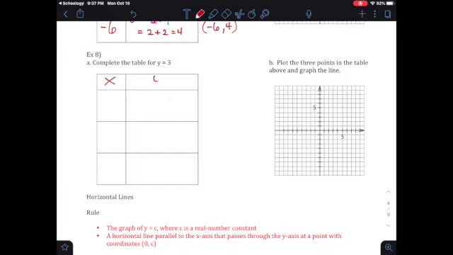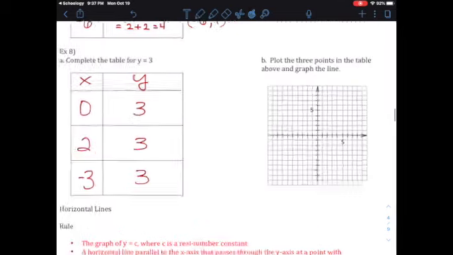X and y. Now, y is 3. That means this is 3, this is 3, this is 3. Y is always 3. And if y is always 3, you can pick any x. You can pick 0, you can pick 2, you can pick negative 3. Any number for x could be changed, but the y has stayed as 3.